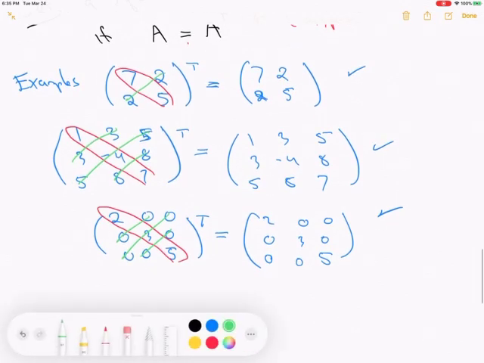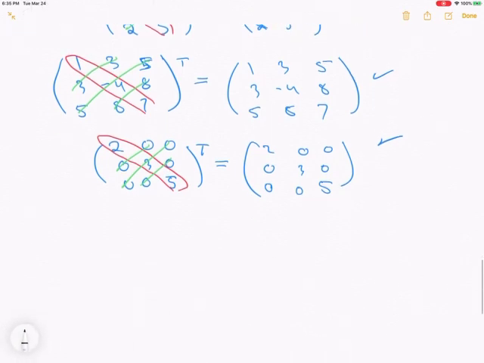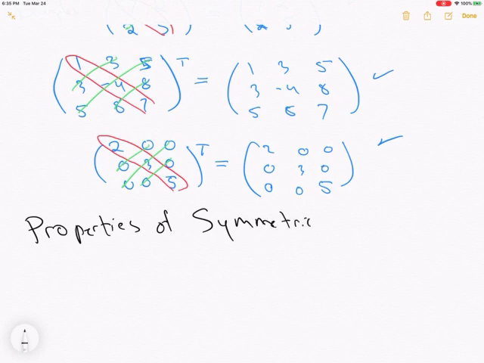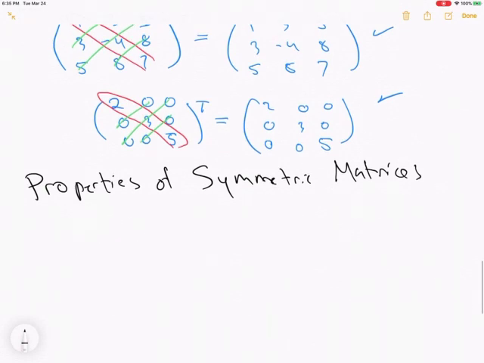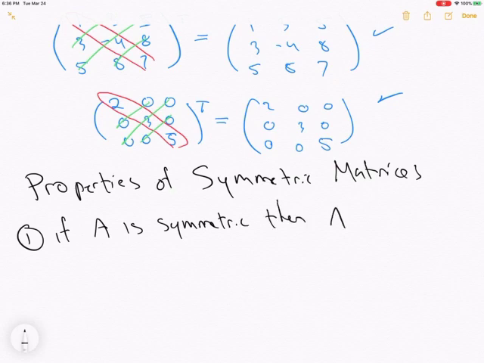So let's talk about some properties of symmetric matrices. The first is that if A is symmetric, then its transpose is also symmetric.